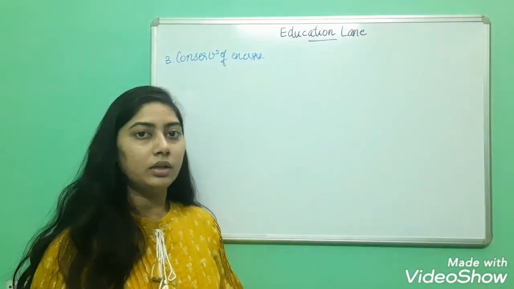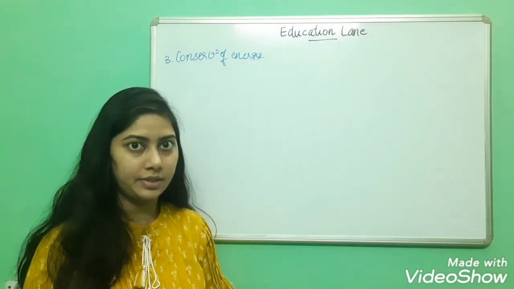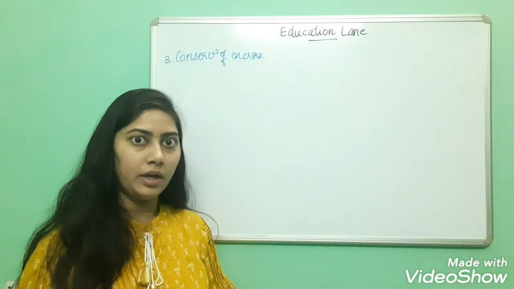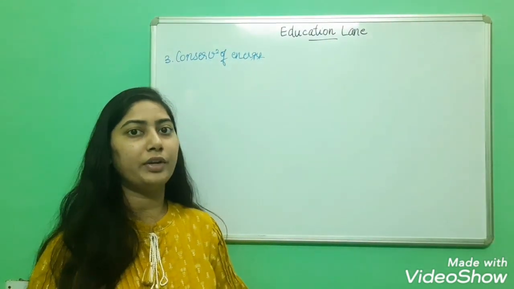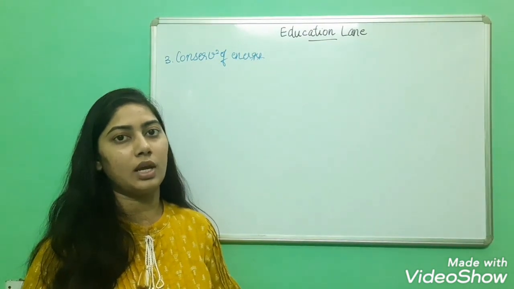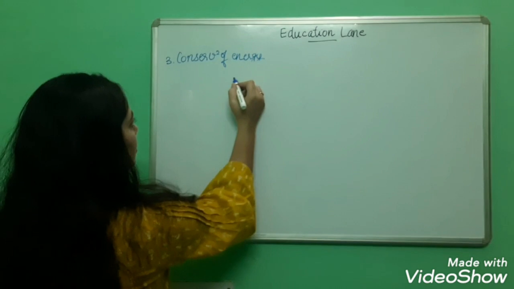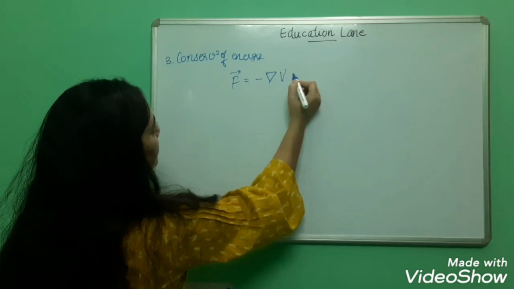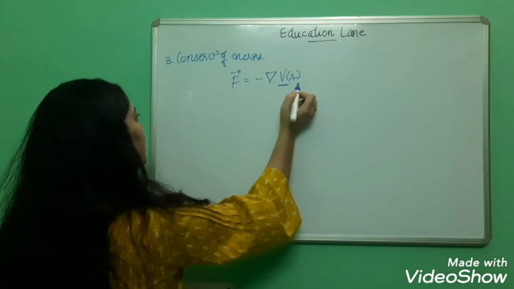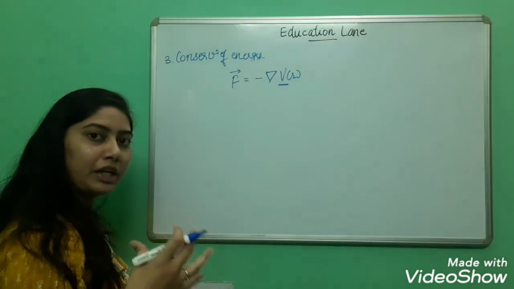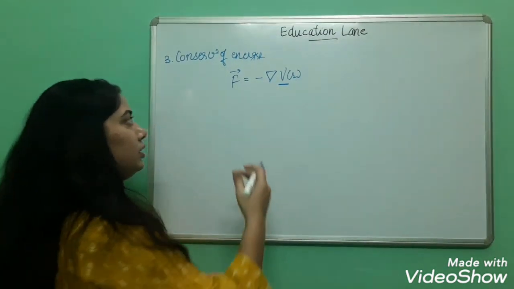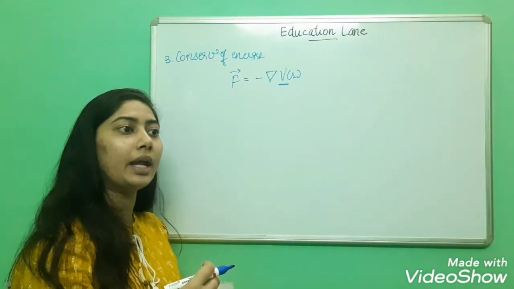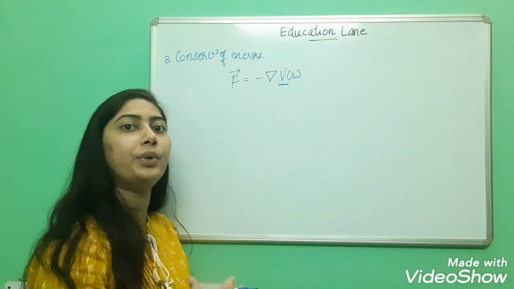Now, any conservative force can be expressed as a function of some scalar potential. The force can be expressed as the negative of the gradient of some function V. This is the potential. Potential is basically the energy required to carry a mass from one point to another.